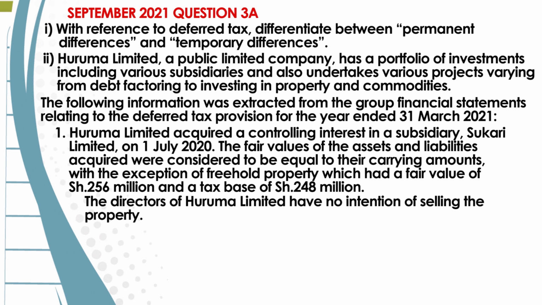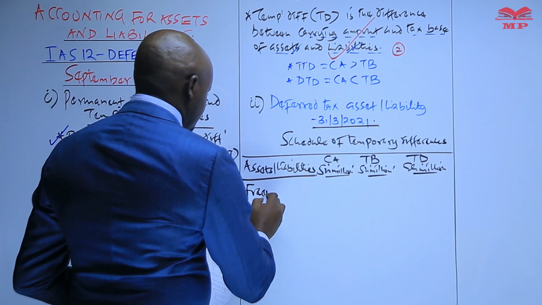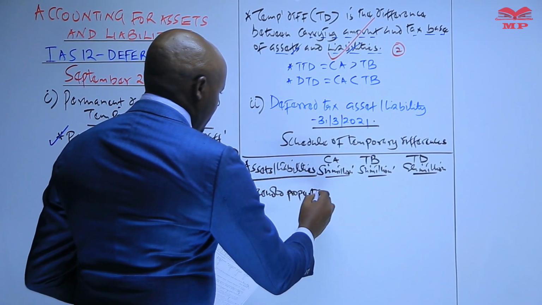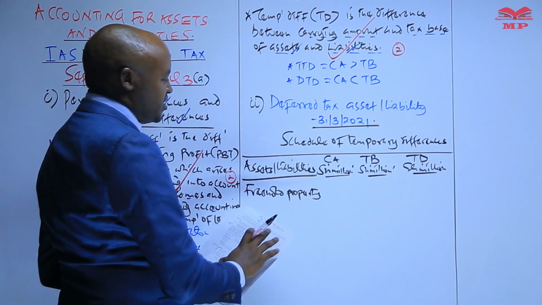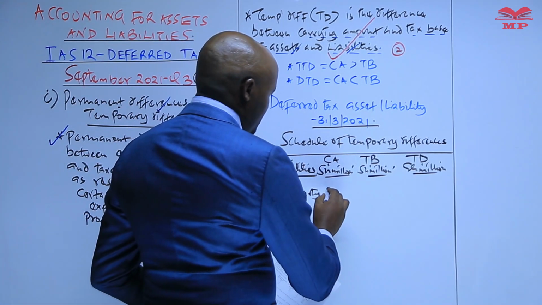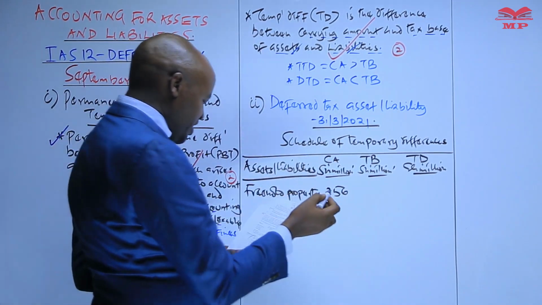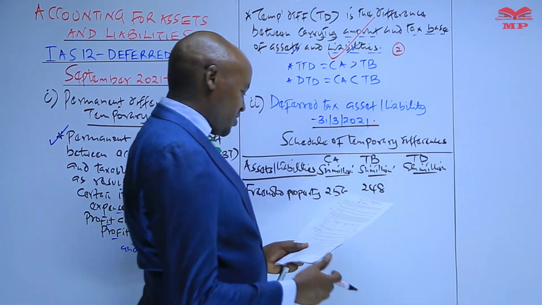So I think that one is straightforward because we are given an item of freehold property. And for that item, we are given its fair value. The fair value, this is the amount at which this item will be recorded in the statement of financial position, meaning that is the carrying amount. And then also we are given the tax base, which is 248. So no problem with that because the two values are provided.